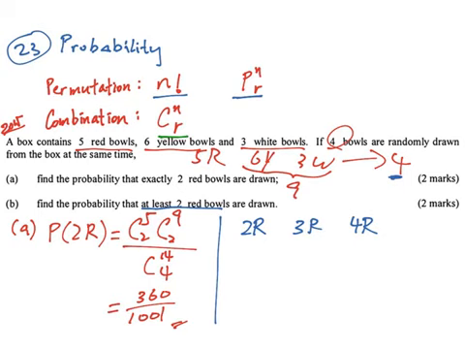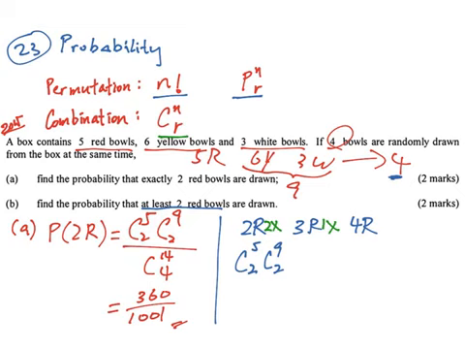And then we'll consider the non-red balls. If we select 2 red, that means there are 2 non-red. For 3 red, that means 1 non-red. For 4 red, that means none. So there are 3 cases. Case by case: for the first case, we'll select 2 from 5 and 2 from 9, so 5C2 times 9C2.